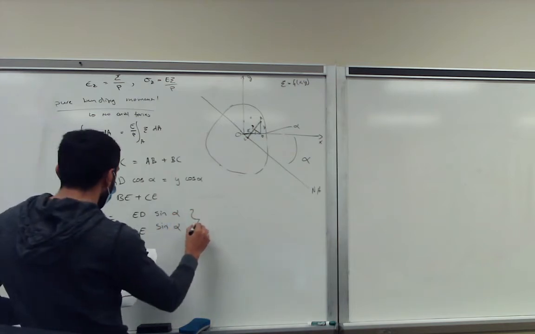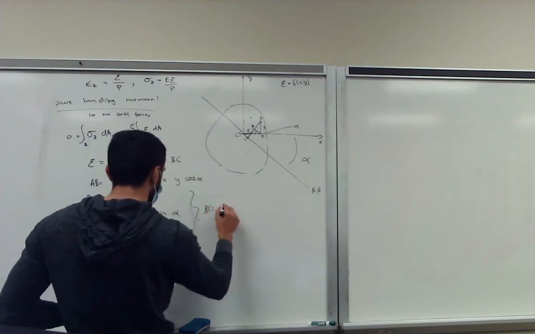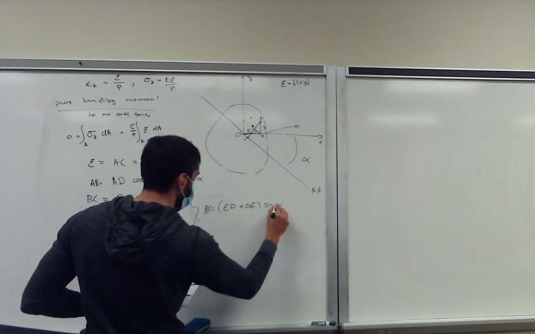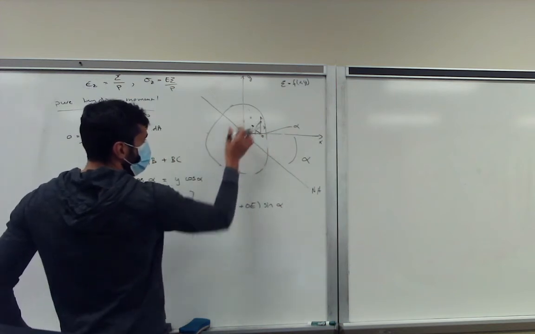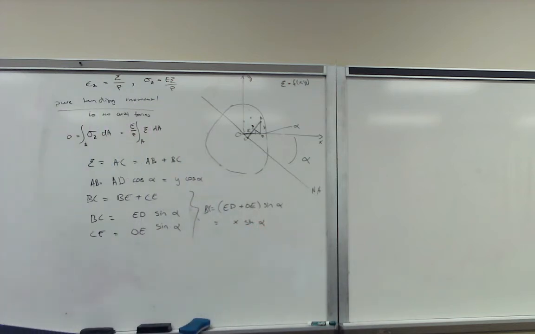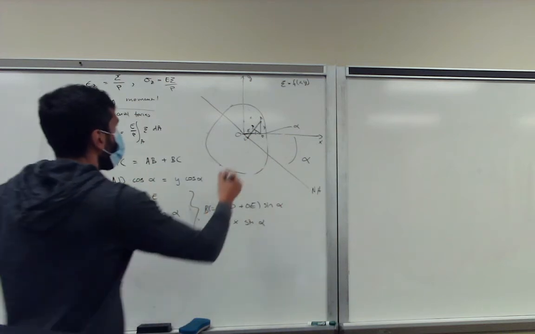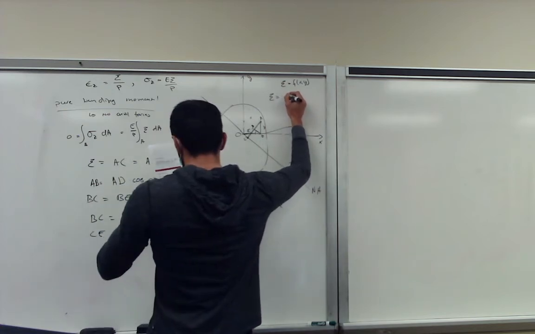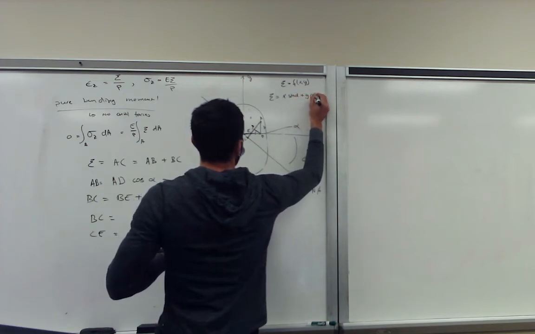So we can plug these two together. BC becomes (ED plus OE) sine alpha, and ED plus OE is nothing else than x. So this becomes x sine alpha. Now if you plug this in, we know that psi is equal to x sine alpha plus y cosine alpha.